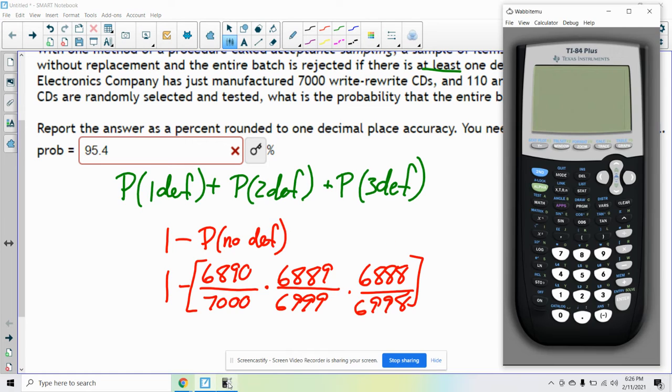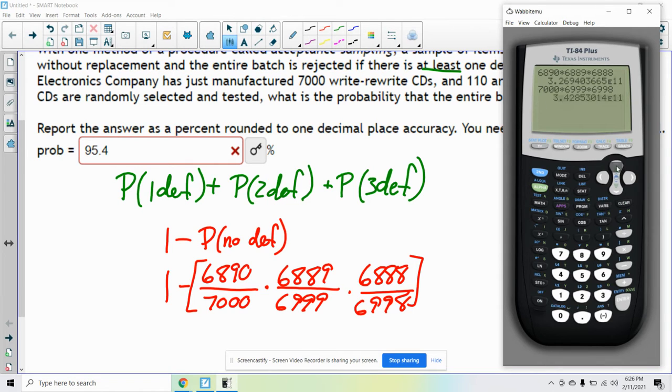So I'll just put that in the calculator. I'll do the fractions first. This is going to be 6890, I'll do the numerators first, times 6889 times 6888. The denominator is going to be 7,000 times 6999 times 6998.